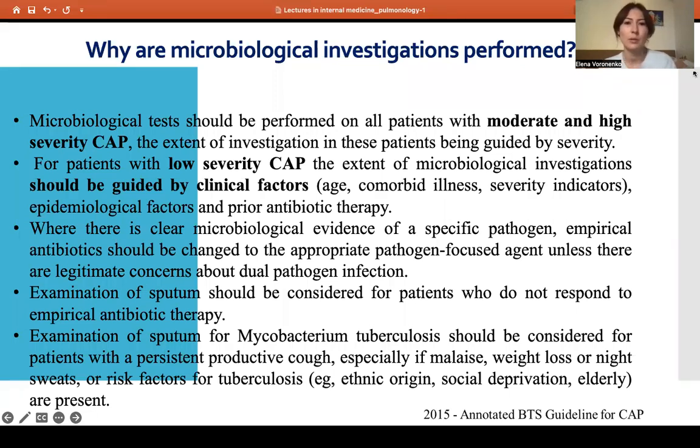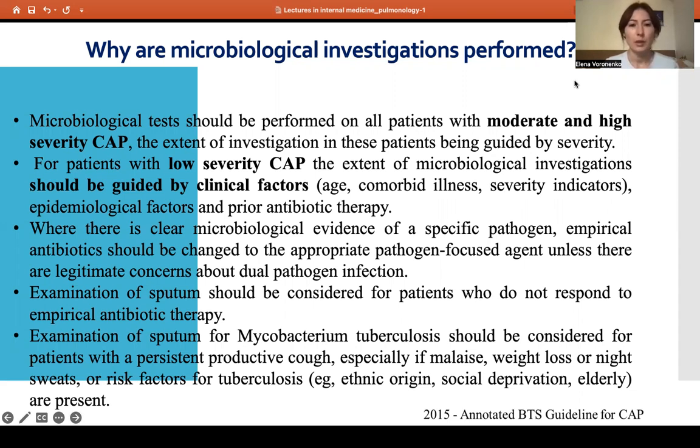Why are microbiological investigations performed? Microbiological tests should be performed on all patients with moderate and high severity CAP, the extent of investigation in these patients being guided by severity. For patients with low severity CAP, the extent of microbiological investigation should be guided by clinical factors, age, comorbid illness, severity indicators, epidemiological factors, and prior antibiotic therapy.